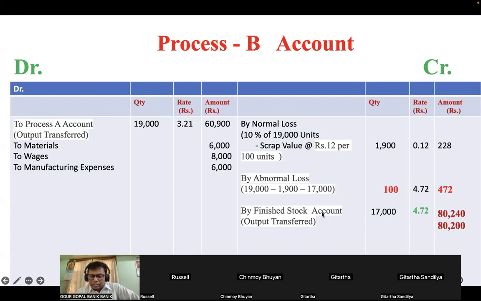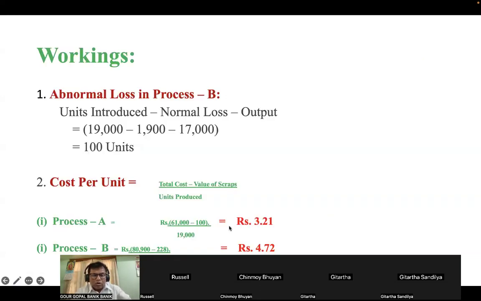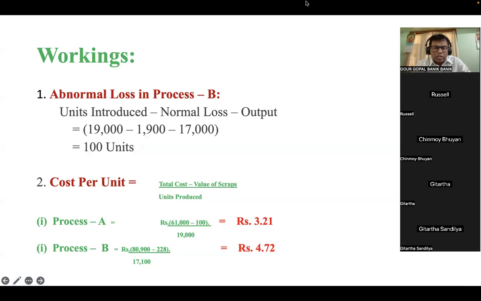Now here also, this is how I calculated normal loss and abnormal loss of process B. The formula for process cost per unit is total cost minus scrap value divided by units produced. So in process A it is 3.21, in process B 4.72. I have calculated. Please check this calculation; you can check it by taking a screenshot.